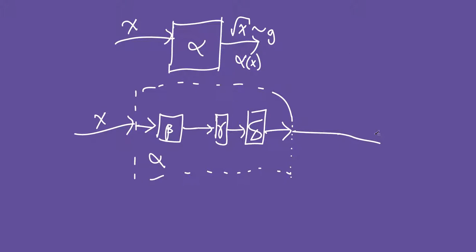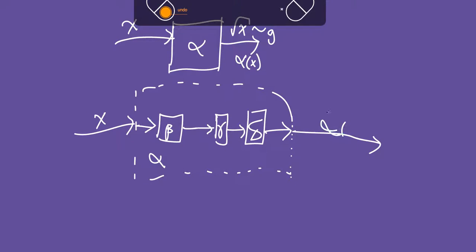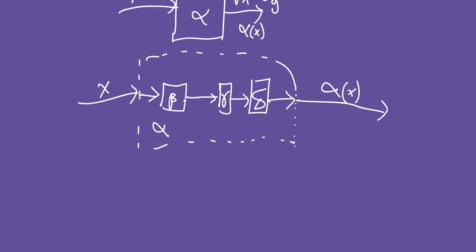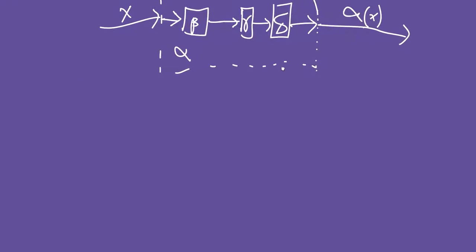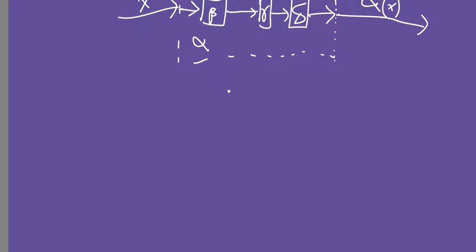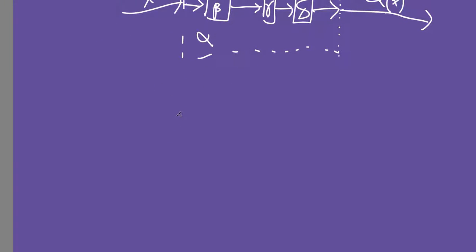Out comes alpha of x. So this chain of boxes is function composition. What happens to x is it goes into this big chain of functions.